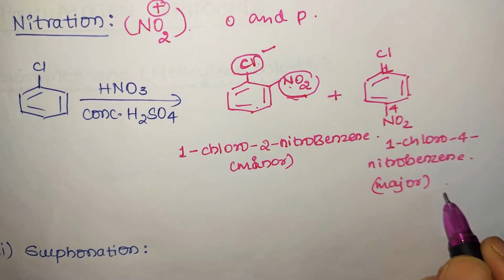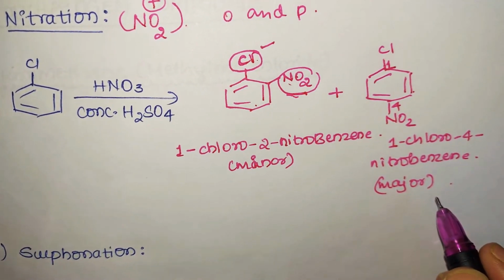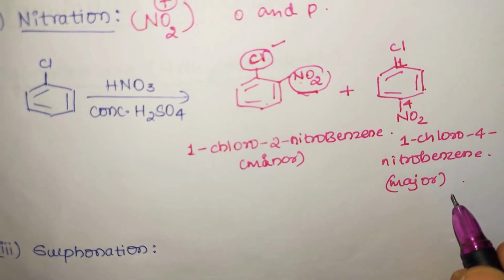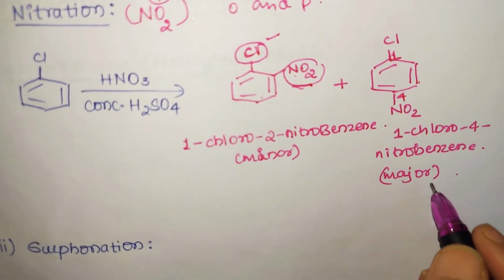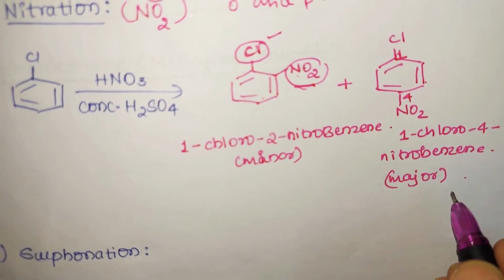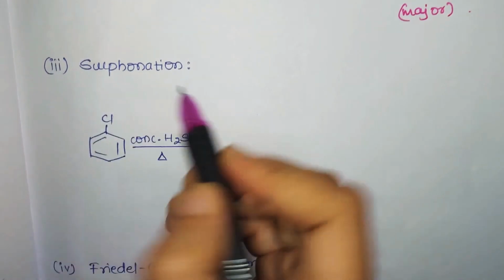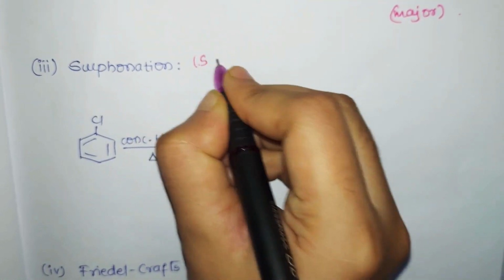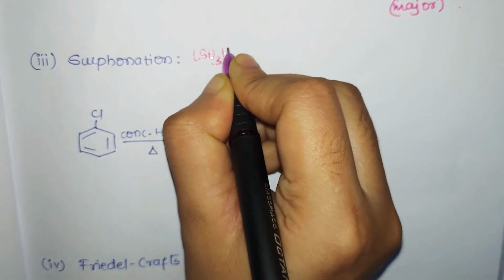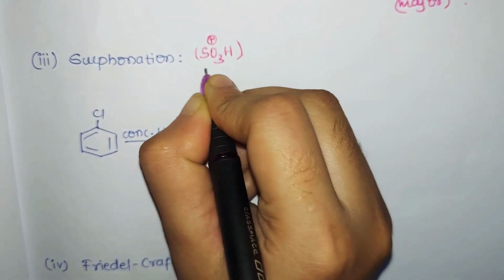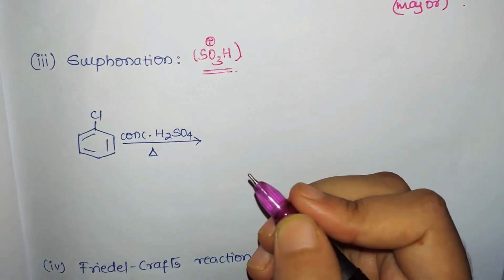Next reaction is sulfonation. In the sulfonation reaction, the electrophile that is present is SO3H plus. Electrophiles are always positively charged. Then we'll show the position of the electrophile when it attacks the benzene ring.